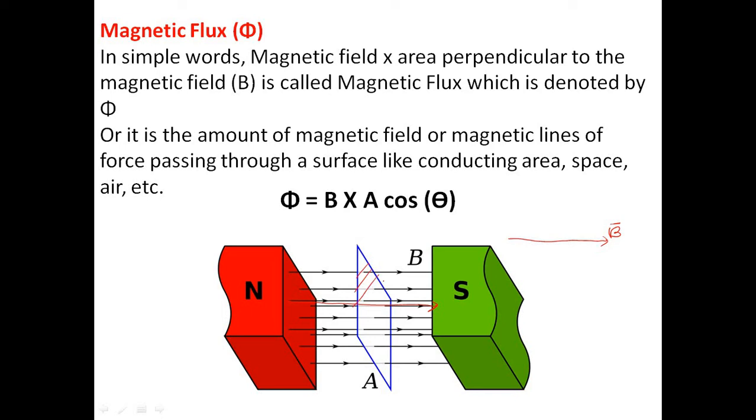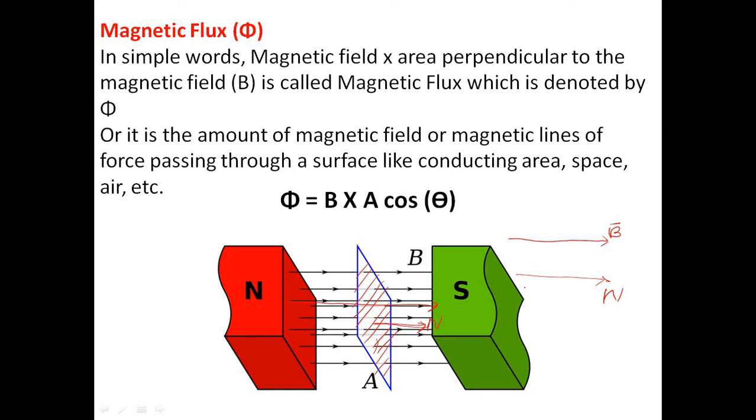I am shading this area, which is perpendicular to this field. If I draw the normal to this particular area in between the field, this is the normal, denoted by N. It has the same direction as the magnetic field, it may be parallel or anti-parallel. If we want to measure the angle between these two, it is 0.